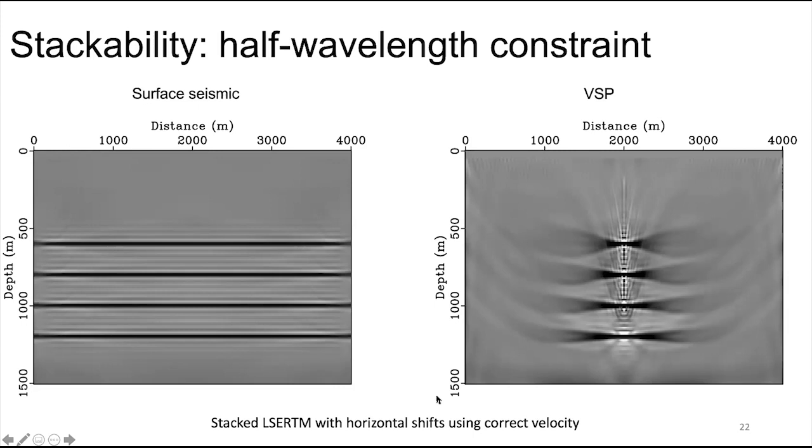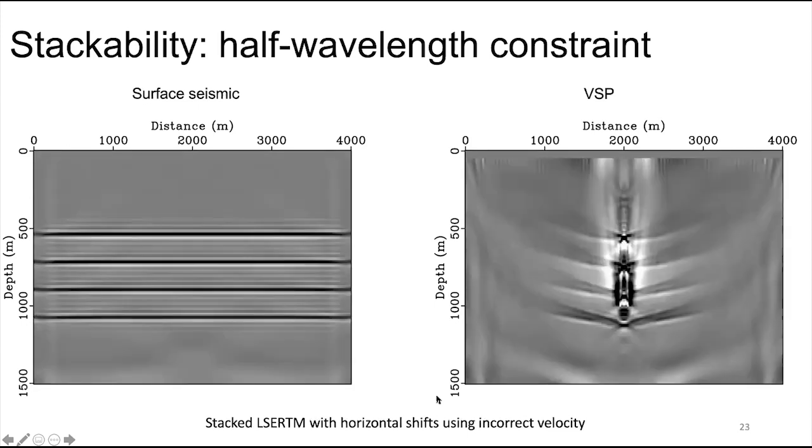This is the case for the correct migration velocity model, and this is for the incorrect migration velocity model. As you can see, the image qualities become much better after stacking for the surface seismic survey. However, for the VSP survey, the image quality degrades after stacking along the subsurface offset axis. These results suggest that it may not be suitable to directly apply the imaging algorithms developed for surface seismic data to VSP data.